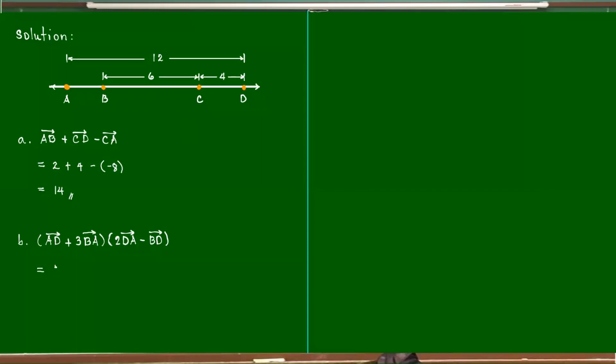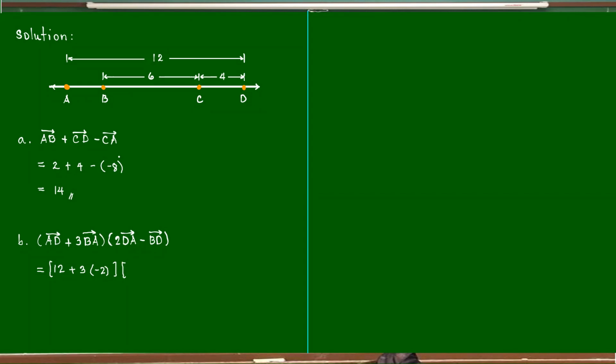So that is 12 plus 3 times. What about BA? BA is from right to left, so negative. So that is negative 2 because this is of length 2 taken directly. And this is multiplied to what? To this difference. Okay?